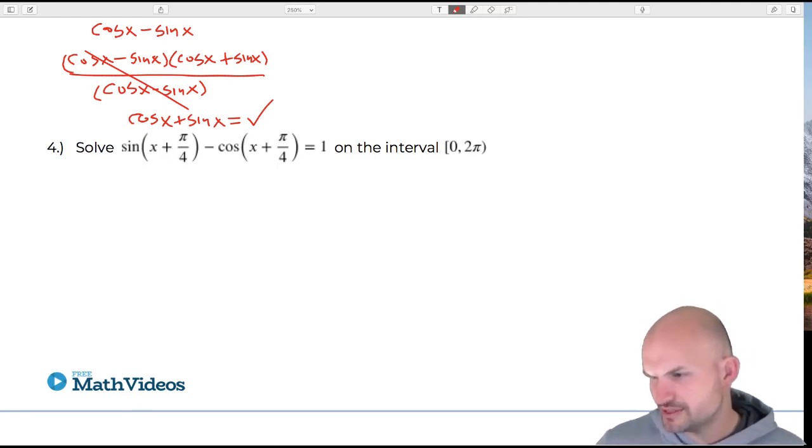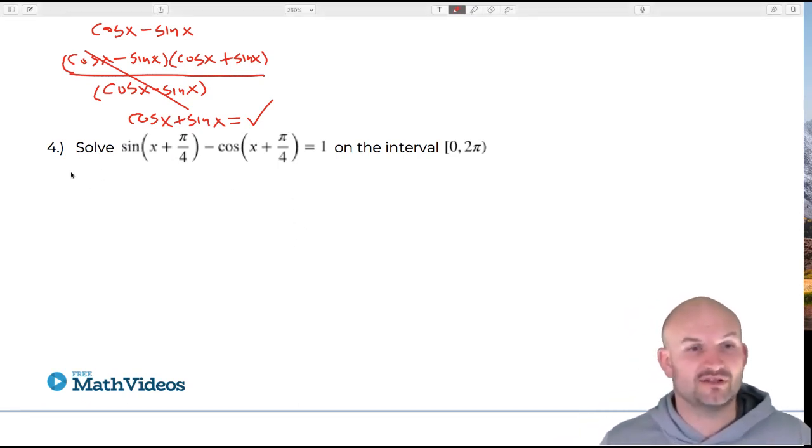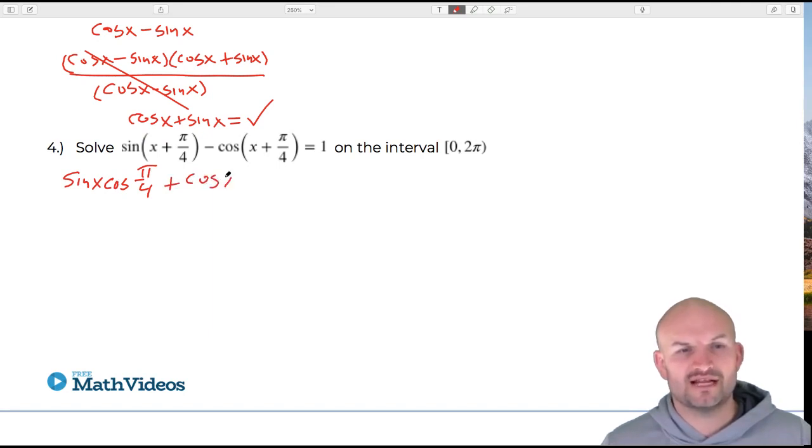What we can do is just go ahead and plug in the formulas. So let's take a look here. We have sine of x cosine of pi over 4 plus cosine of x times sine of pi over 4.